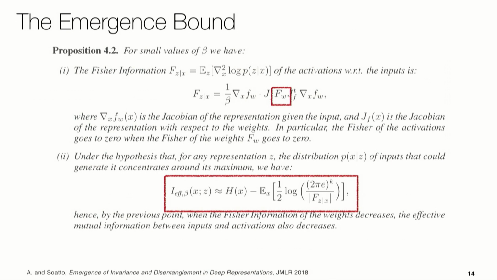Okay? Now, if you minimize the information in the activation, a statistic is minimally sufficient if and only if it's invariant, so then you achieve invariance to nuisance variability. Okay? So by looking for a minimal sufficient representation of the weights, you obtain sufficient invariant representations of the activations.